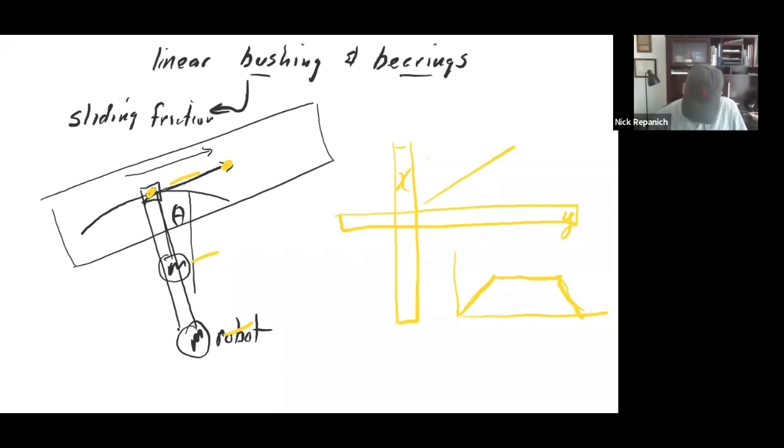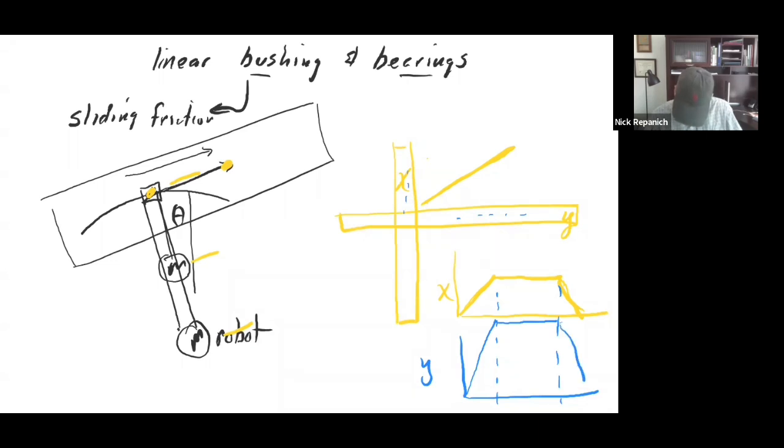And those translate. If you wanted to do this movement here on an angle, then this might be X, and then you might have Y doing some motion like this. The hardest thing you would have to do is match up these breakpoints. Maybe Y is going much faster because you're moving more along this axis than this axis, so this motion profile might have a higher velocity than this one.